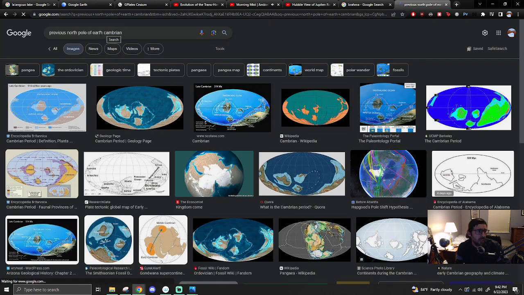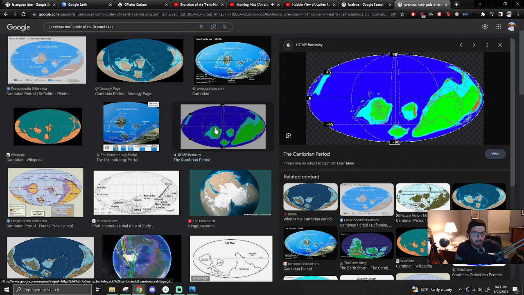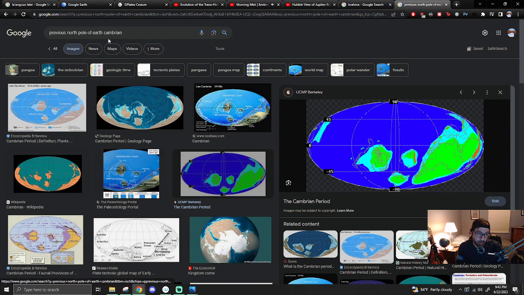Cambrian. No one really cares about the poles. Interestingly, I found South America.